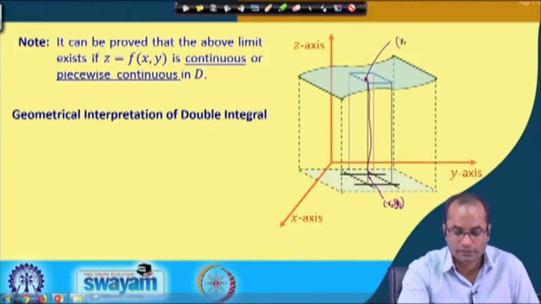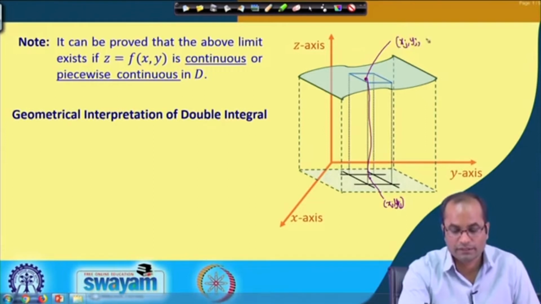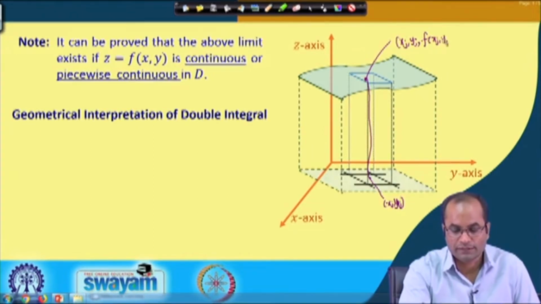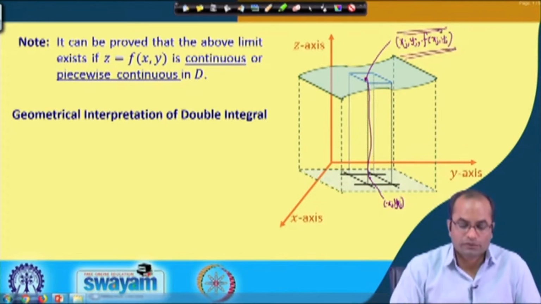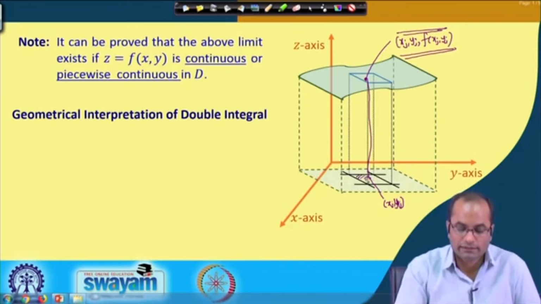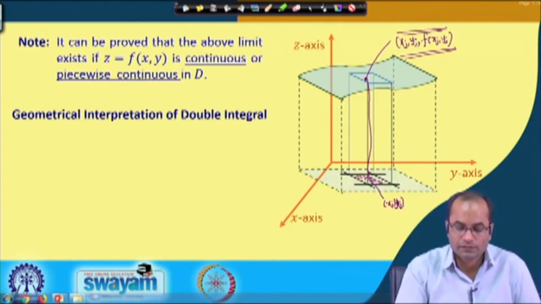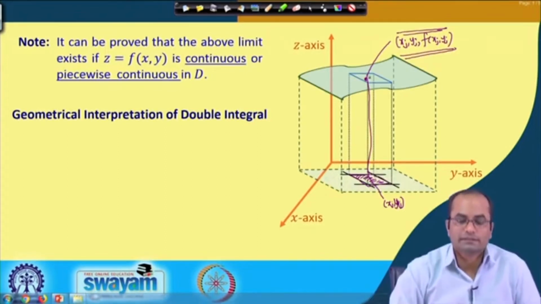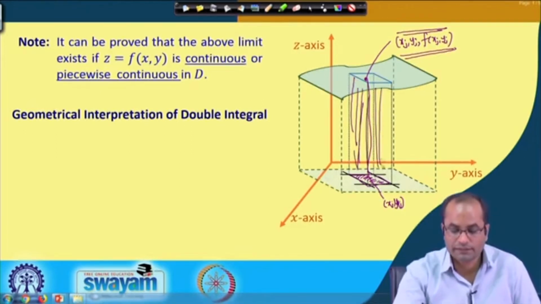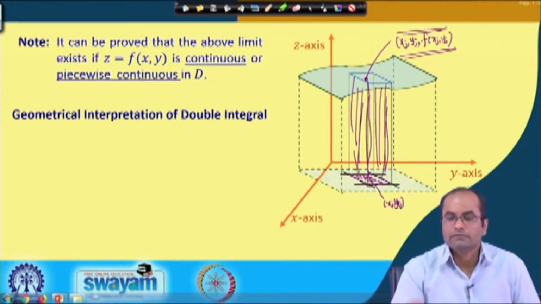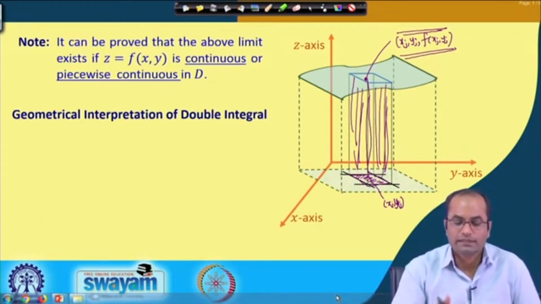So, we have this point like xj and yj and then f(xj, yj), and then we take the product of the area of this rectangle or the subregion in the xy plane and multiply it by this height. So, what do we get when we have this area here and then we have multiplied by some height? We will get again the volume of this subregion, which is defined here, and then we add such subregions and take the limit.